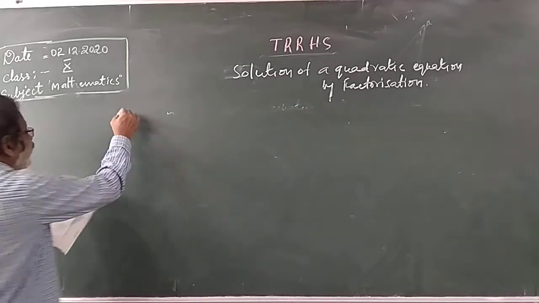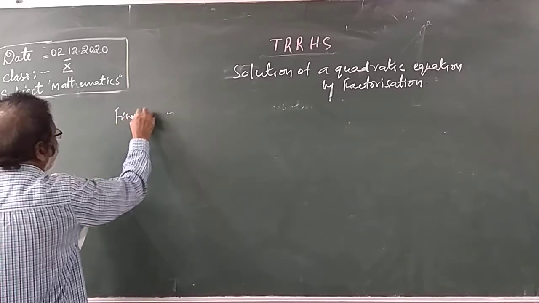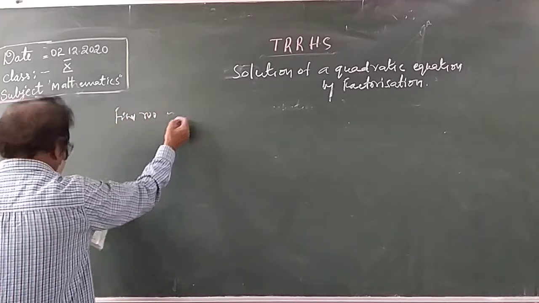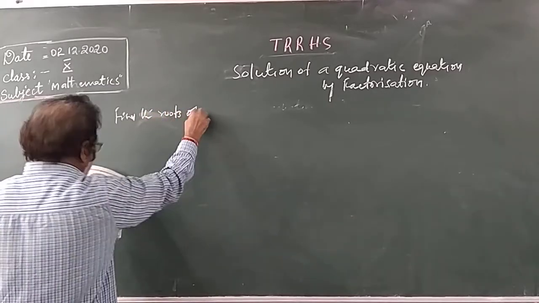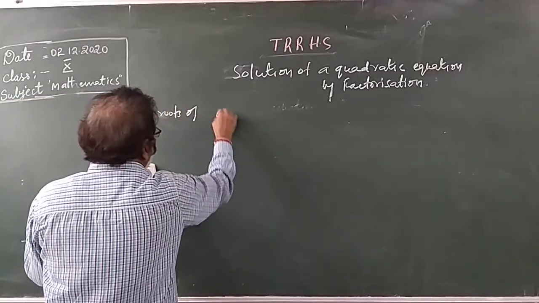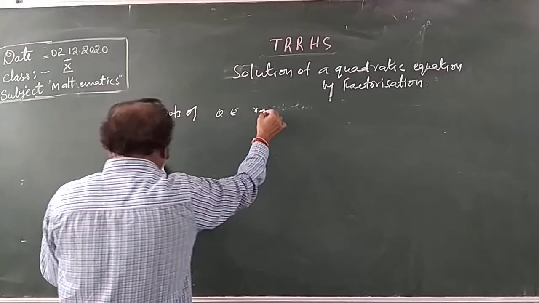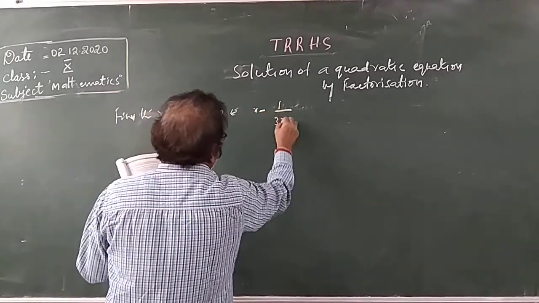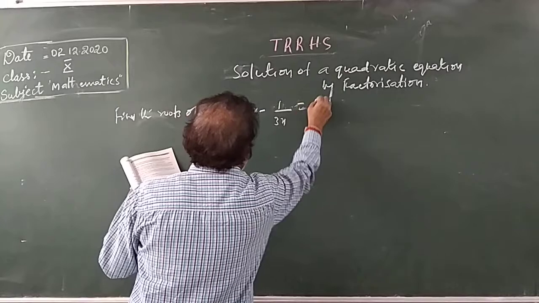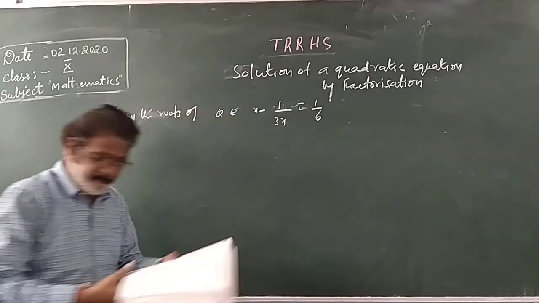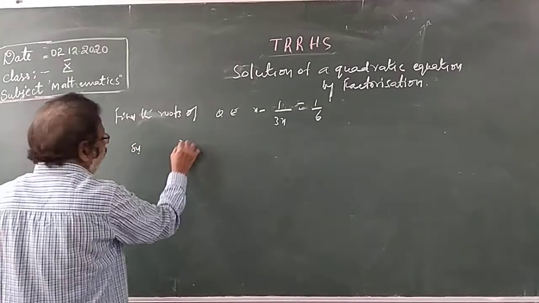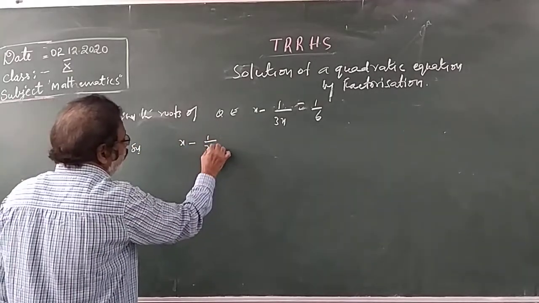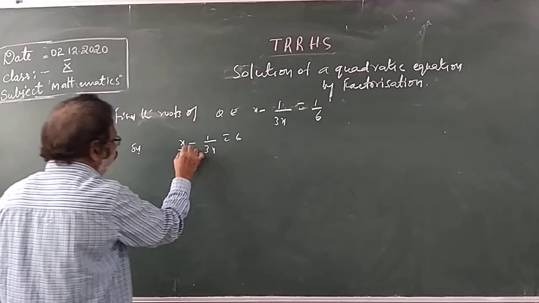One more problem. Find the roots of the quadratic equation x minus 1 by 3x is equal to 1 by 6. Now let us solve this. What is given? x minus 1 by 3x is equal to 6 by 1 here.